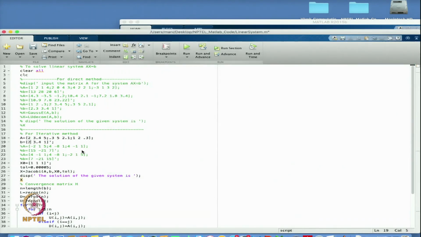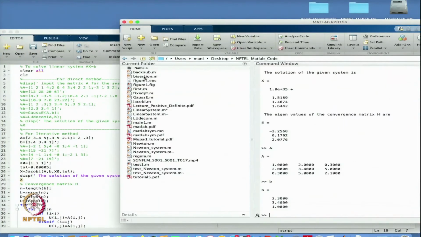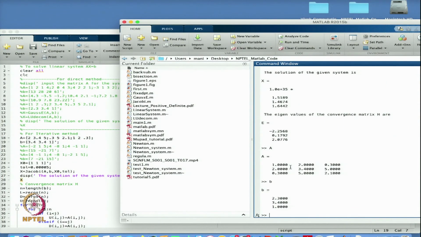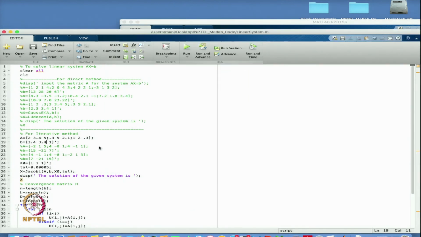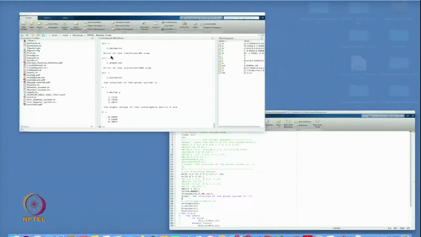So it is 3.4. Then another is 0.3 this, so 1 should be there and 2.3 will be there. So let us see what will happen here, because the matrix is not diagonally dominant.